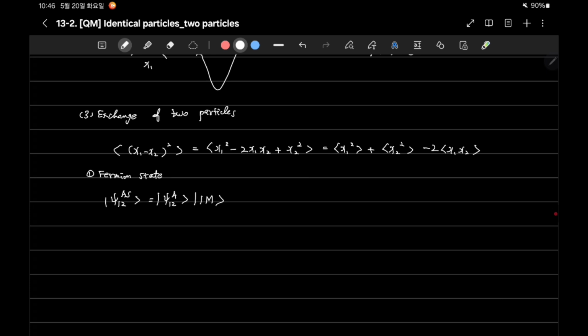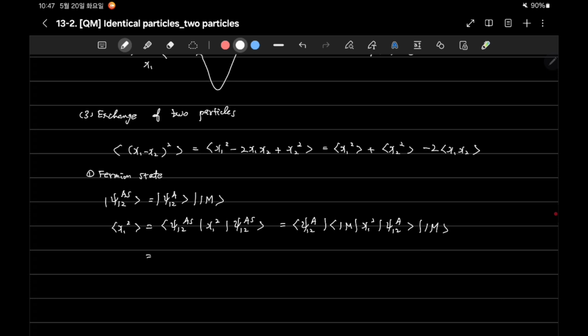So the expectation of x1 square should have the basis, in the fermion case, of the antisymmetric total wave function: x1 square on psi 1 2 antisymmetric. So it is psi 1 2 with the spatial part antisymmetric and the spin part in the triplet state.